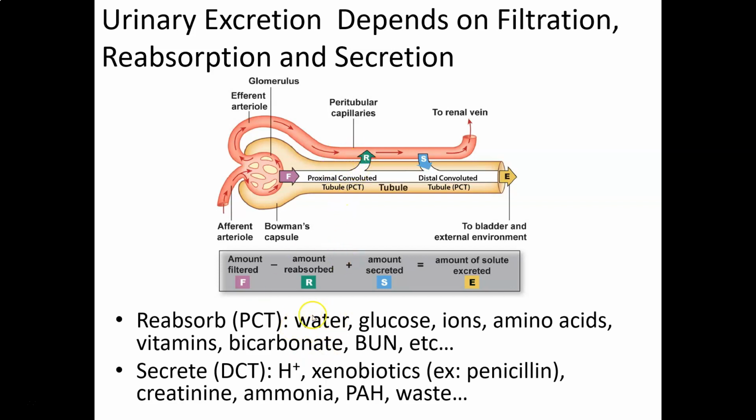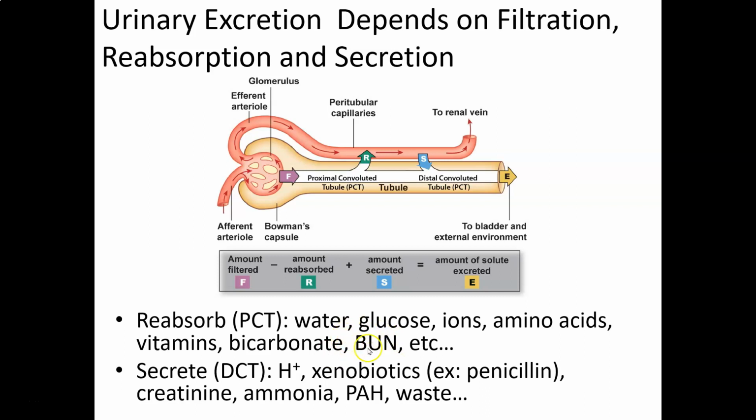Okay? We also reabsorb glucose, and that happens exclusively in the proximal convoluted tubule. We reabsorb all sorts of ions like sodium, potassium, calcium, chloride, typically, and hydrogen ion as well sometimes, depending on the condition of the body. We reabsorb amino acids. We reabsorb vitamins. We reabsorb bicarbonate.